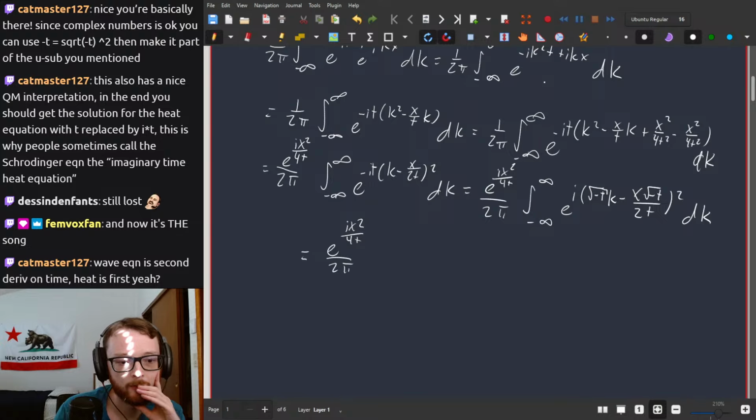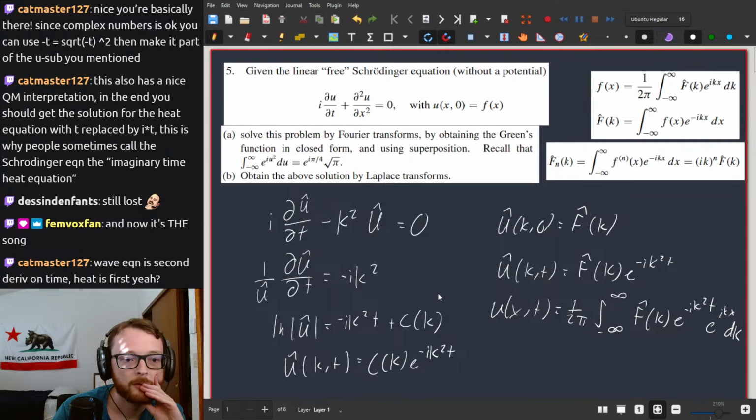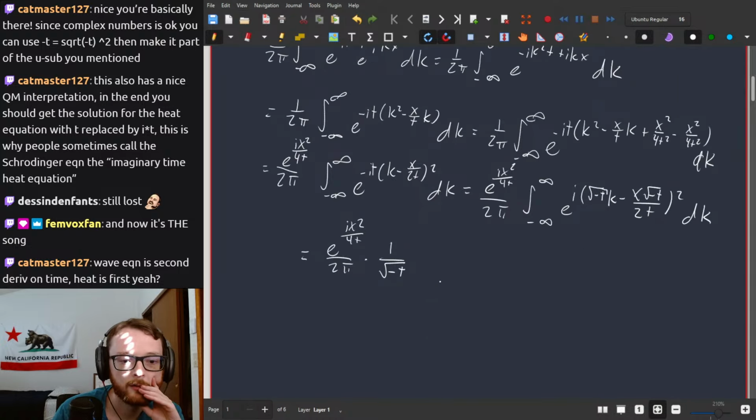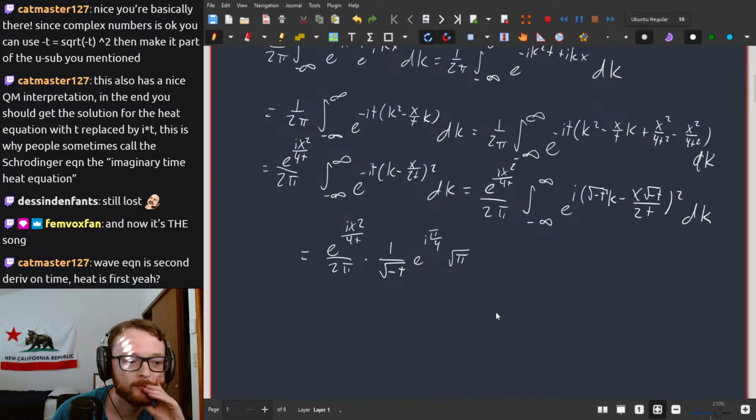So then from the U sub, we get times that, and then the result of the integral. E to the I pi over 4 root pi. Huh. So definitely numbers. Can tell you that much.